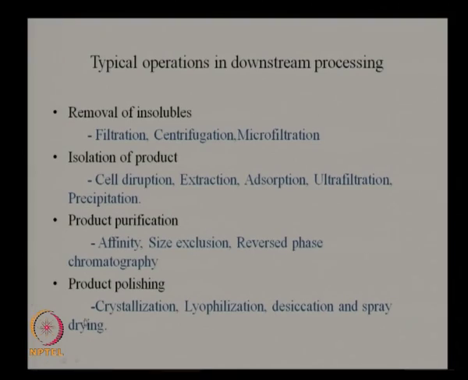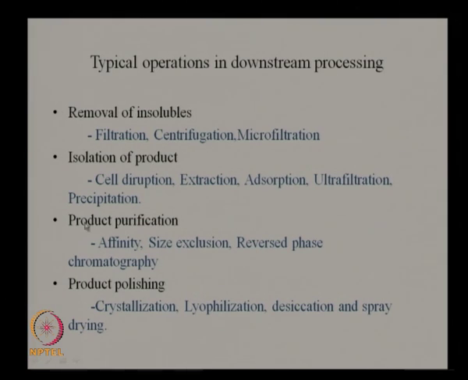So again we will spend time in the next course of weeks on this particular aspect, cell disruption, and then you are extracting your product using a solvent. You may use an adsorption type of technique to remove your product, or you may use an ultrafiltration technique, or you may use a precipitation type of technique. All these techniques are meant for isolation of your product.